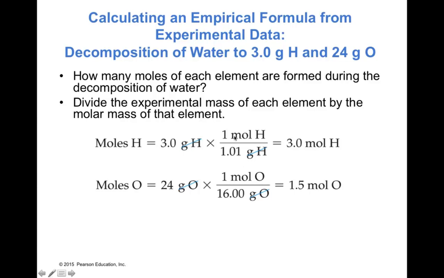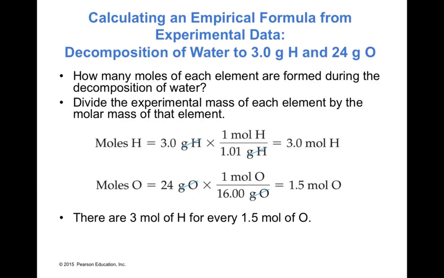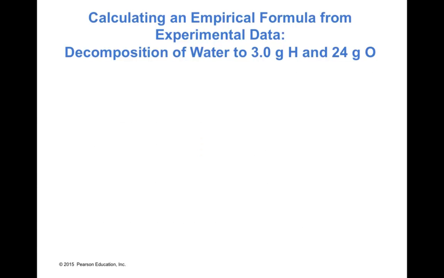So here we have that we get 3 moles of hydrogen, and 1.5 moles of oxygen. So that means that in this sample, the ratio is 3 moles of hydrogen for every 1.5 moles of oxygen. So we can write what is known as a pseudo formula for water.